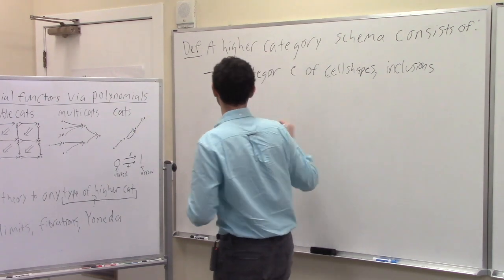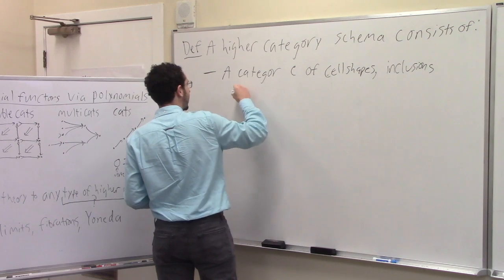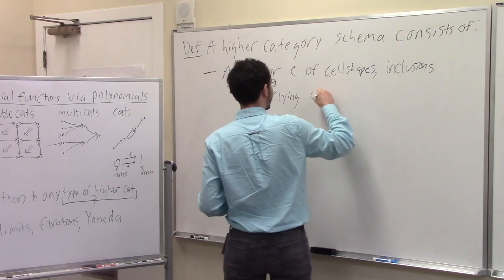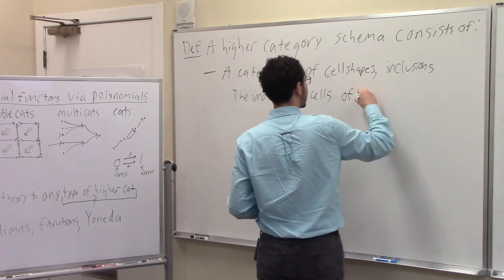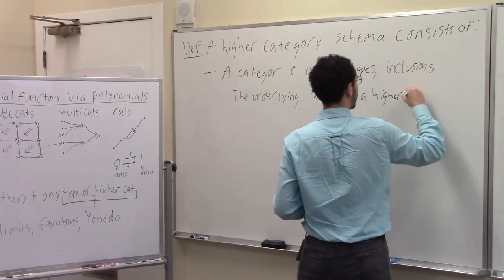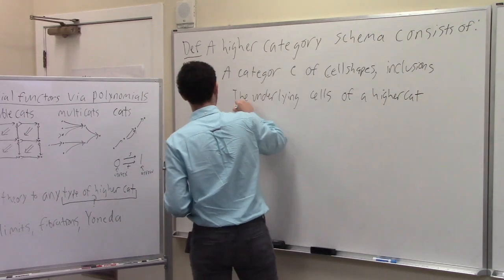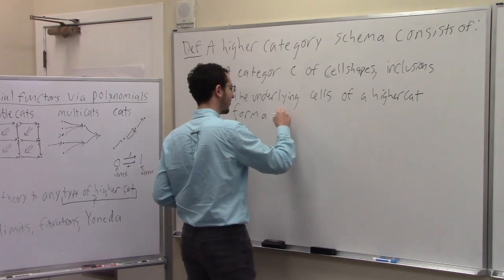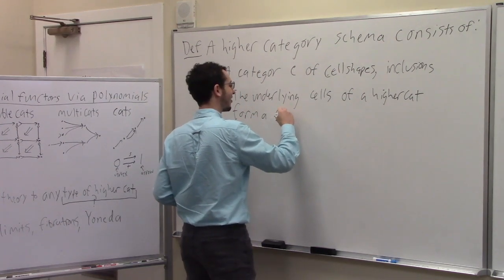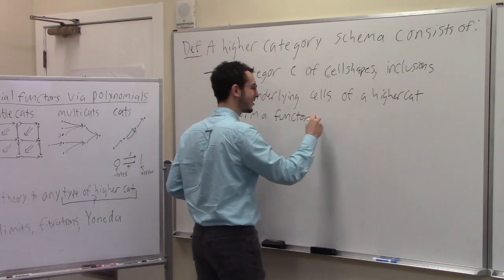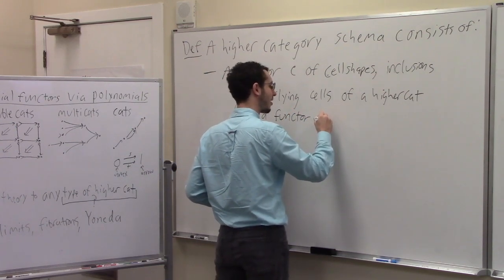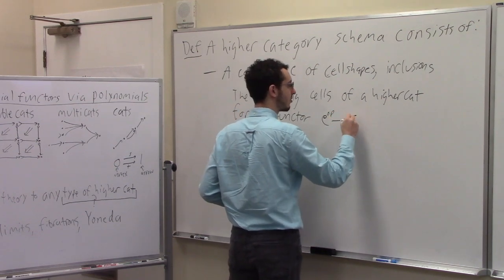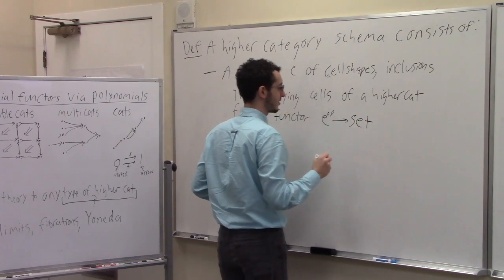And so what do we do with these cell shapes? We say that the underlying cells of one of our higher categories are going to assemble into what various people call a functor, or a presheaf, or a diagram. I'm going to model it as a functor from C op into Set.